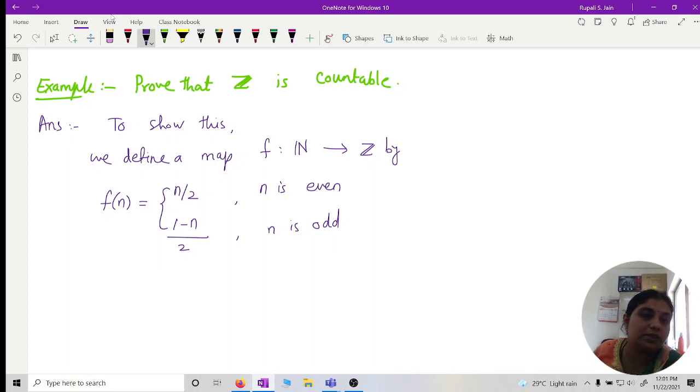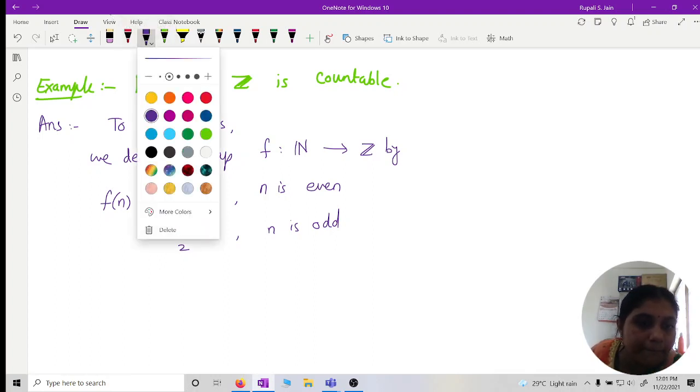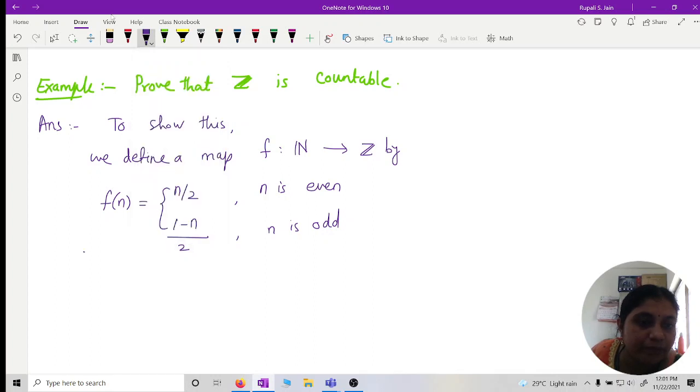Check whether this will serve our purpose. n minus 1 or 1 minus n. If I take 3, then 1 minus 3, so minus I will get, right? If we take odd natural numbers, then we get negative integers, right?